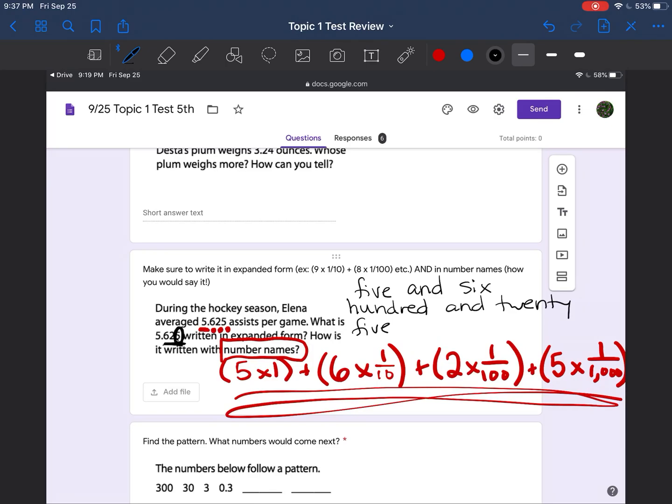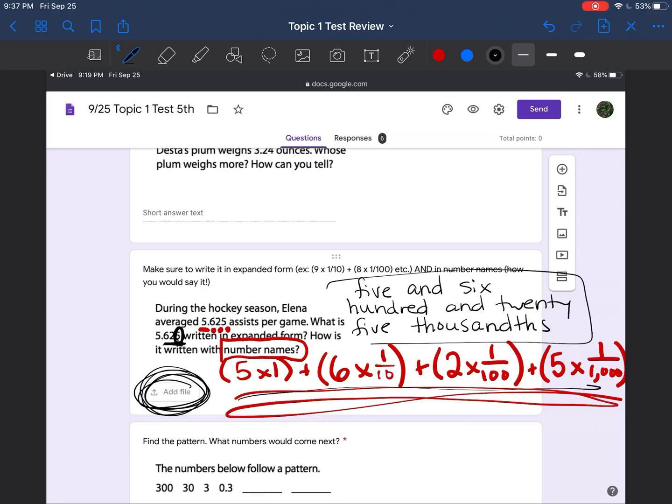So it's 5 and 625 thousandths. All right. So you had to submit a picture to show me that you wrote it in expanded form and in number names. If you did not submit a picture, I don't have an answer for you, so I couldn't do anything about that.